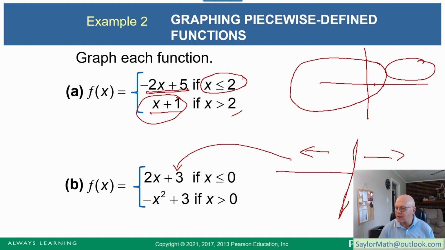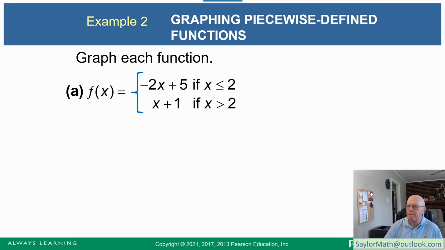On this side, you'll use this function to take from an x to the y value. So let's take that first one. Remember, 2 is sort of a boundary. Everything up to and including 2, you're going to pair up the x and y's using this.